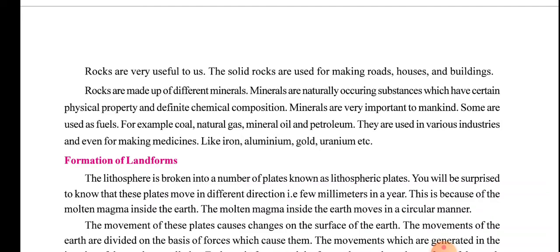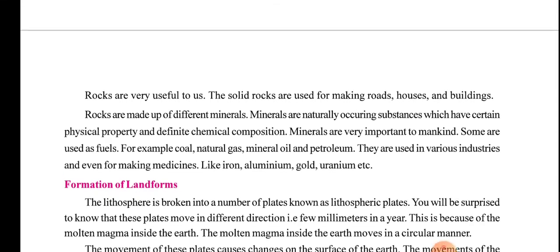Minerals are very important to mankind. Some are used as fuel, for example, coal, natural gas, mineral oil, and petroleum. They are used in various industries and even for making medicines, like iron, aluminium, gold, uranium, etc.